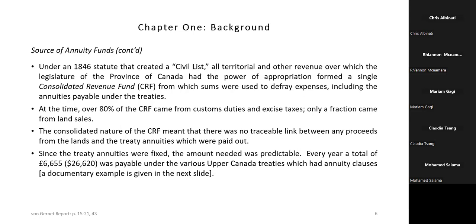And that was an amount that couldn't change, in part because of this 1846 statute creating the civil list, because that amount is actually stated in that statute, although there was a misprint. Instead of 6,655 pounds, the statute actually said it was 6,666.